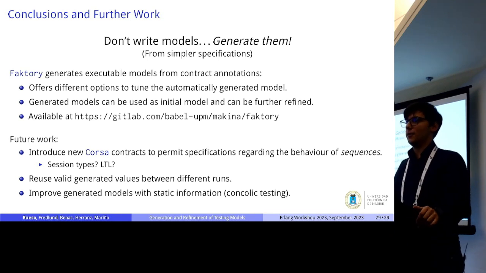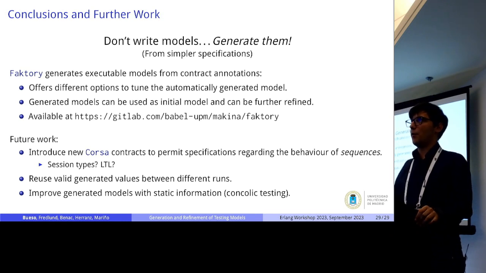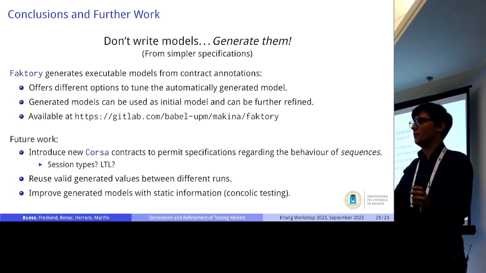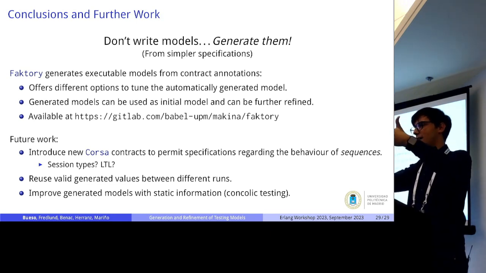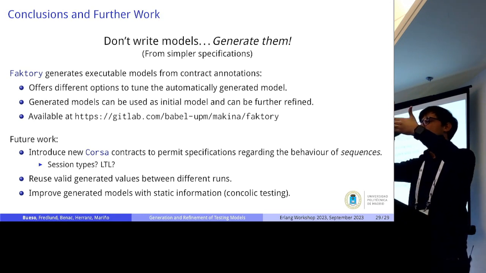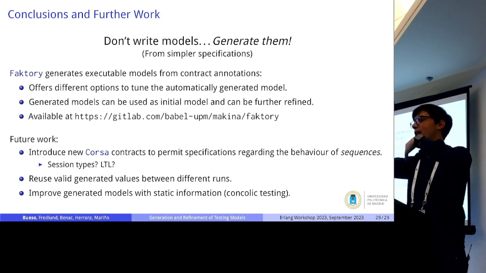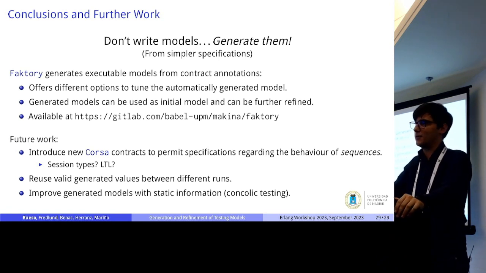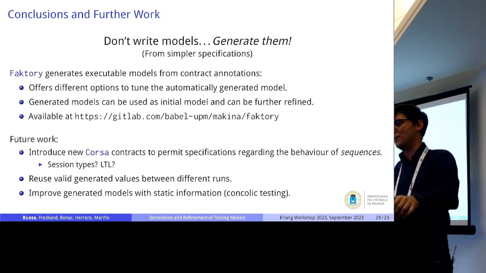We don't have that capability, also because we don't have any way to specify that in the Corsa language. If we had some temporal logic to forbid a command after destroying, maybe we could create that kind of sequences, but now we are not able to do that.